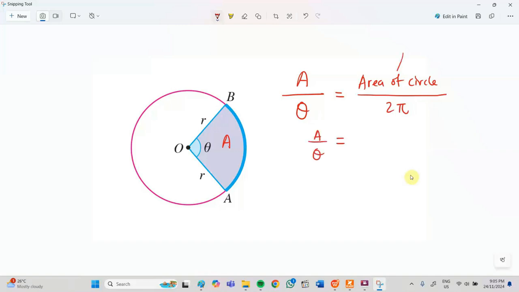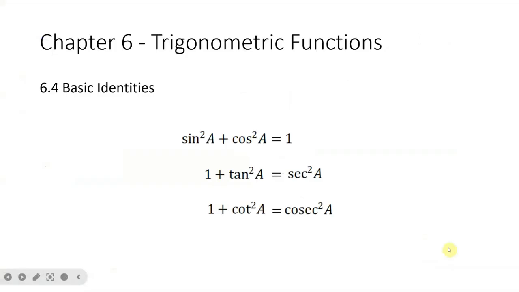Next, the area of a circle has a formula of pi r squared. Hence, if we move the theta to the other side and simplify by cancelling the pi, you have A equals 1 over 2 r squared theta, where theta is in the radian form. And this is your formula.